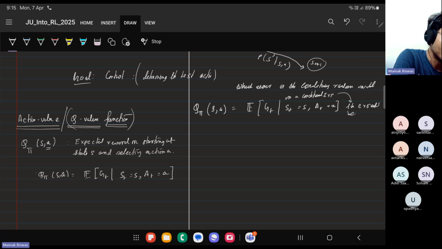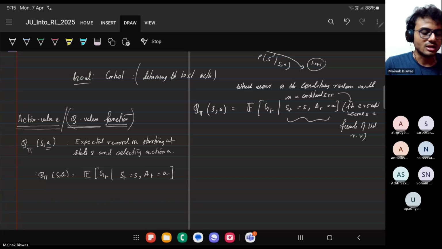Expectation becomes a random variable or a function of that random variable. We have discussed it multiple times. Again, here it will become a function of states and actions.